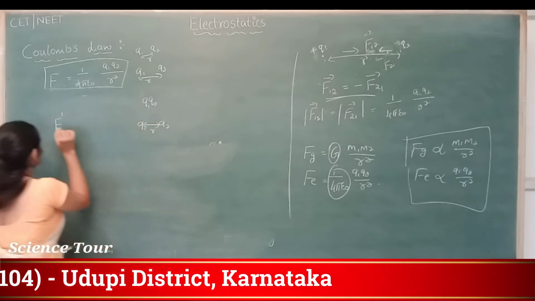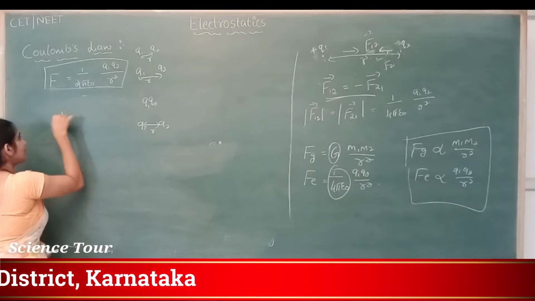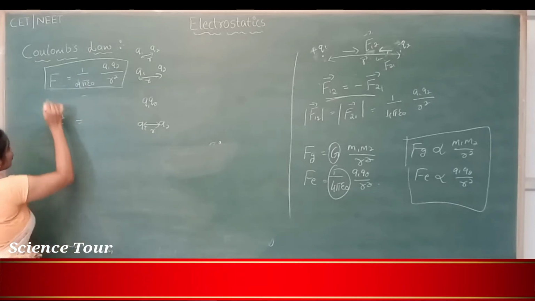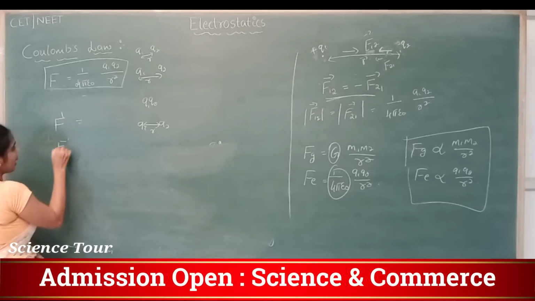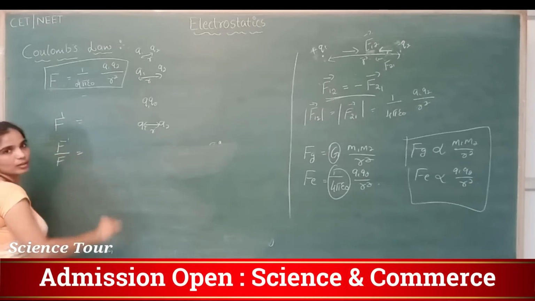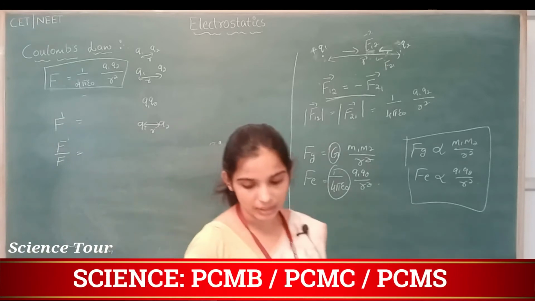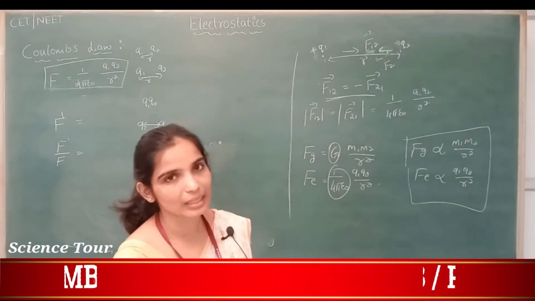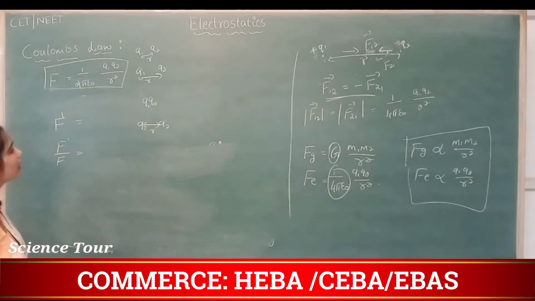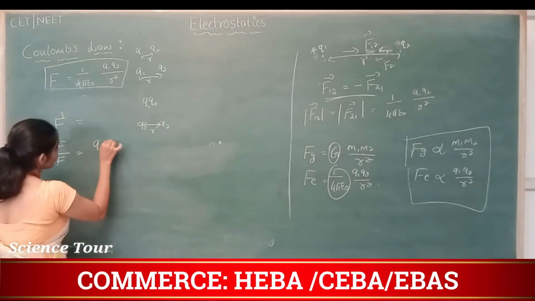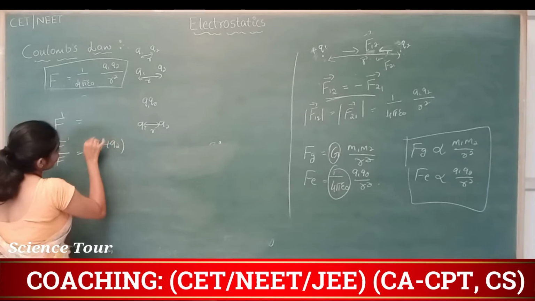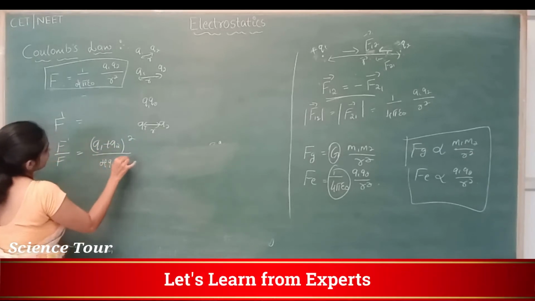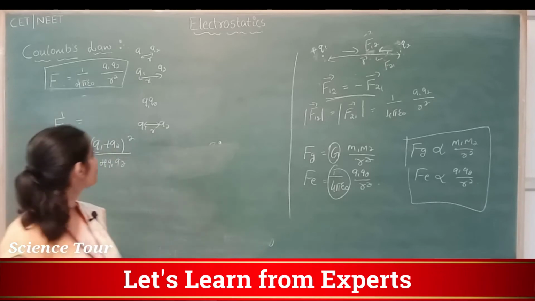At this time the force between them will be different, and the ratio of these two forces, F dash by F, will be equal to Q1 plus Q2 whole square divided by 4 times Q1 Q2.